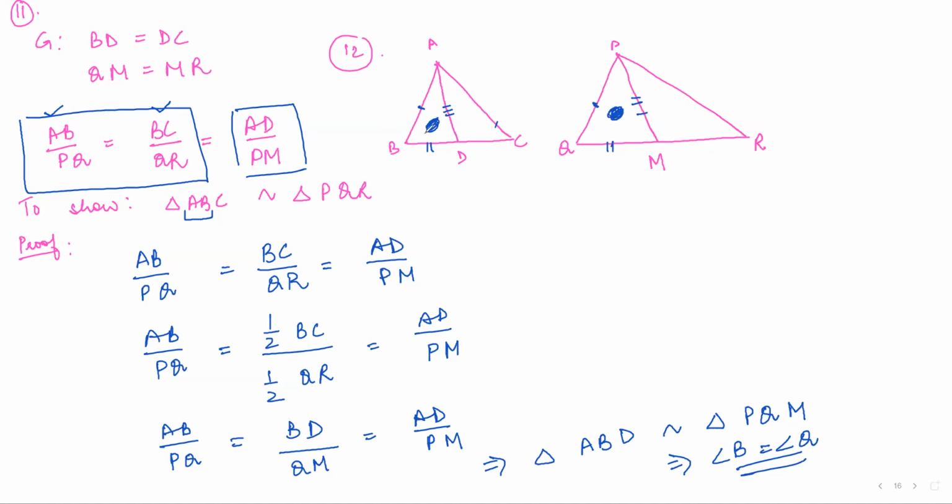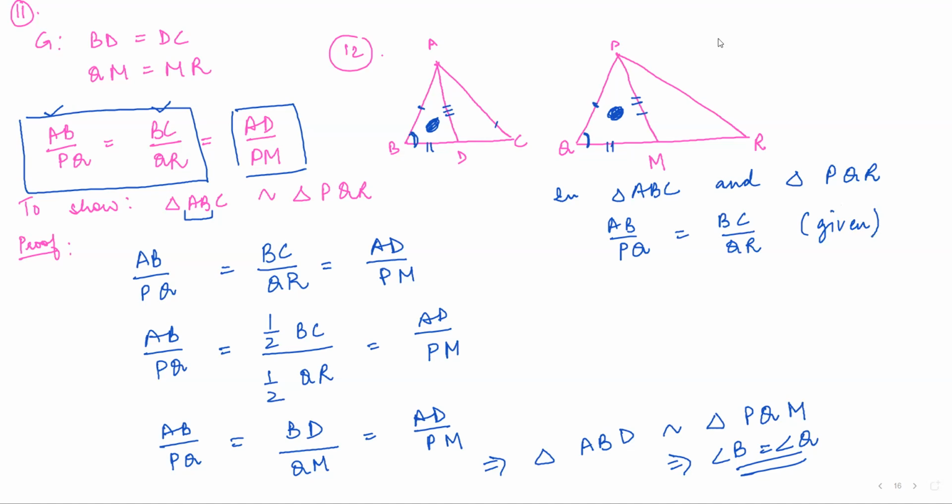Because they are similar, this angle is equal to this angle. Now, again come back to the full triangles, in triangle ABC and triangle PQR. Two sides I already have, which is given that AB by PQ is equal to BC by QR.